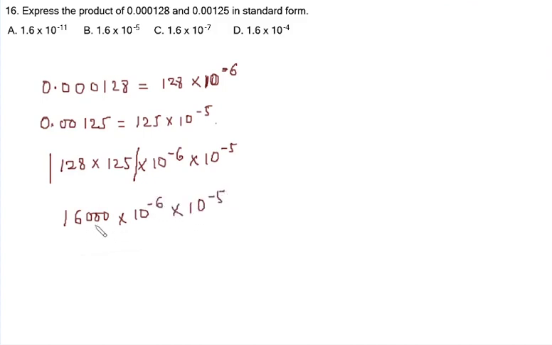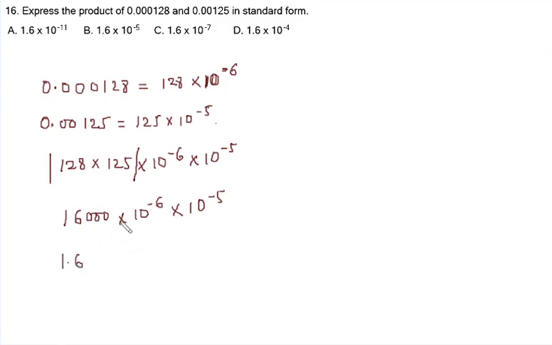Now 16,000 has 1, 2, 3, 4 places after the first digit. I can move the point onto the left-hand side. So this is 1, moving the point, 2, 3, 4. So 16,000 can be written as 1.6.